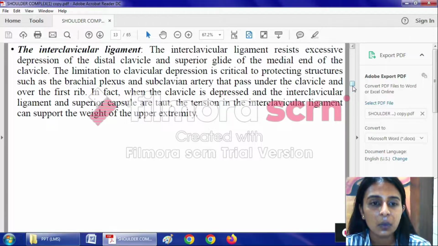In fact, when the clavicle is depressed and the interclavicular ligament and superior capsule are taut, the tension in the interclavicular ligament can support the weight of the upper extremity.